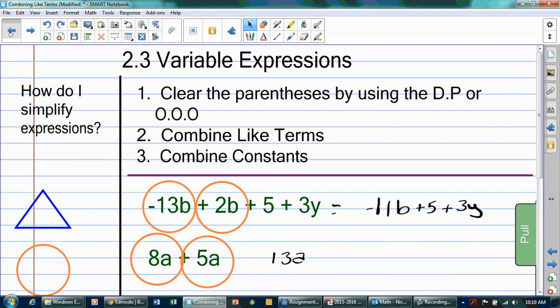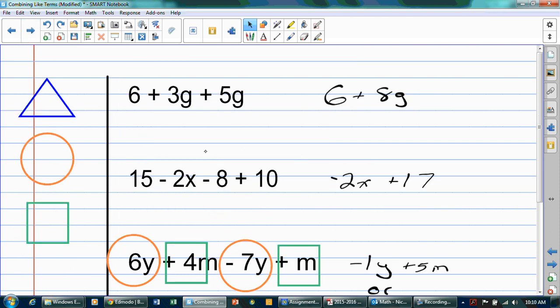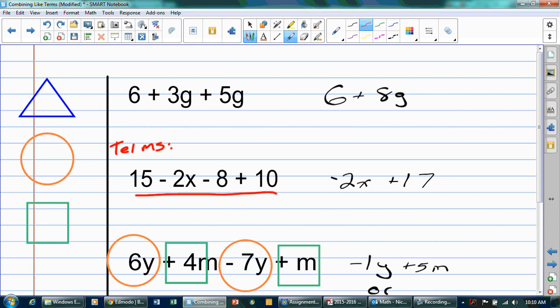Now I am going to go back to here really quick, actually this one, and I'm going to say, just really quick, our terms for this example are 15, negative 2x, negative 8, and 10.